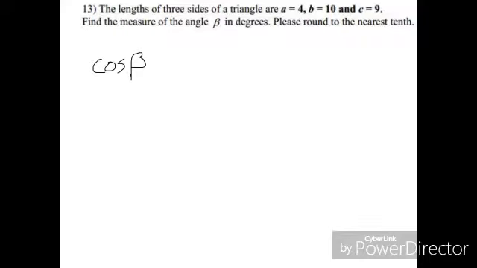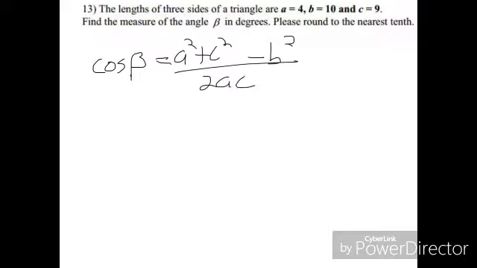Cosine beta equals. Now the opposite pair of beta will be b. That's the one that's going to be minus b squared. All the rest are a's and c's. So a squared plus c squared and 2ac. And just plug stuff in. See what we get.